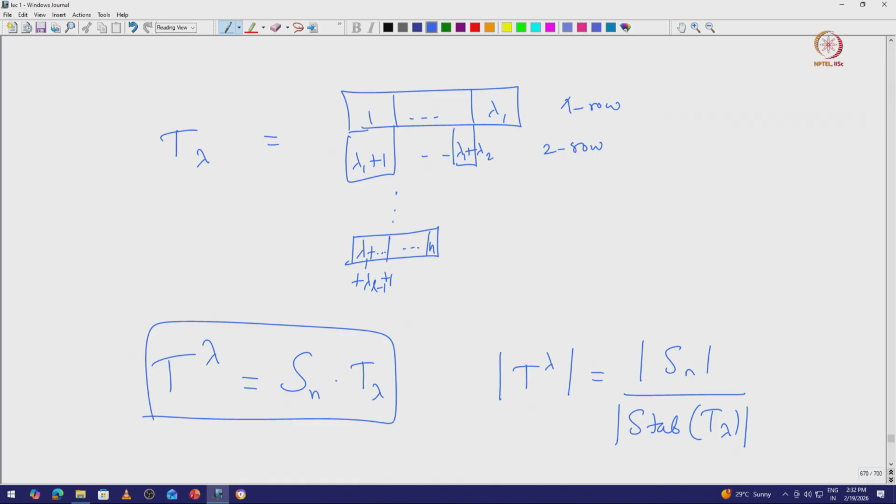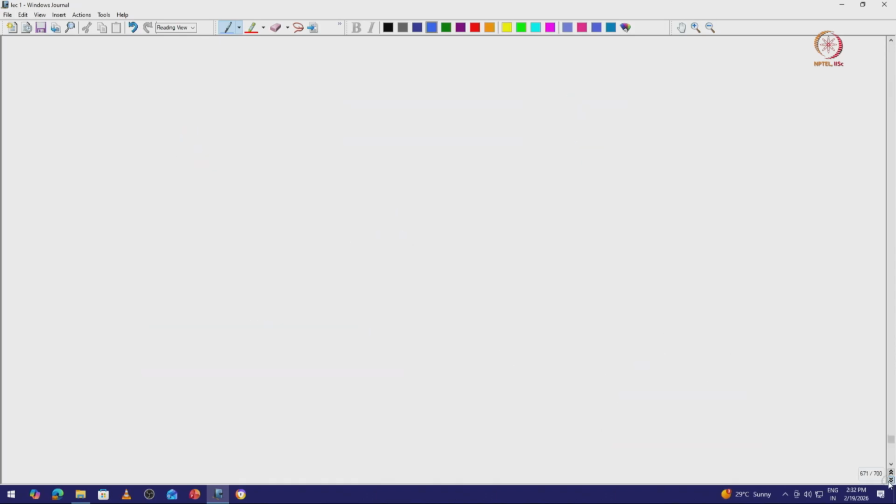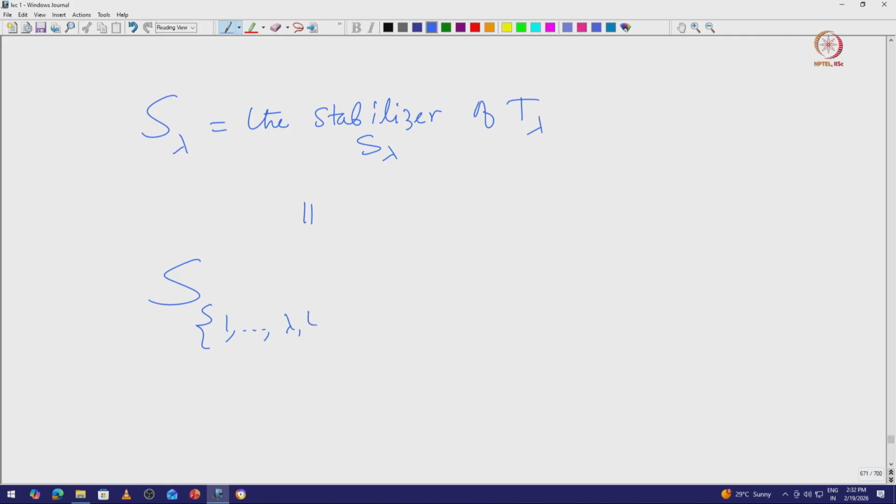So, the stabilizer S lambda of T lambda is exactly given by S 1 to lambda 1 cross etc. cross S lambda 1 plus etc. lambda L minus 1 plus 1 etc. lambda 1 plus etc. plus lambda L, which is n. Okay. So, the stabilizer corresponds to the Young subgroup.